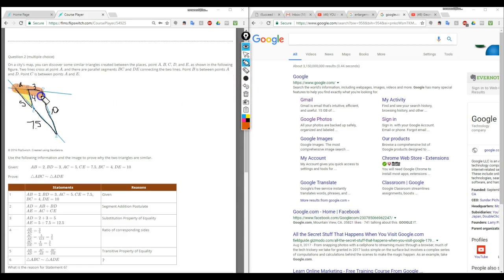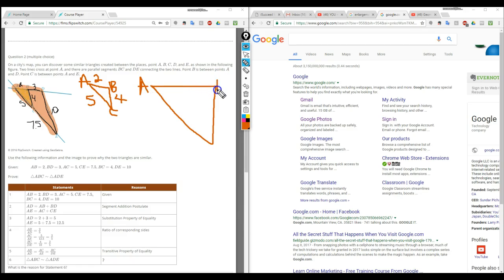If I were to draw these two triangles separately, we would have ABC, which is 2, 4, 5, and we would have triangle ADE.